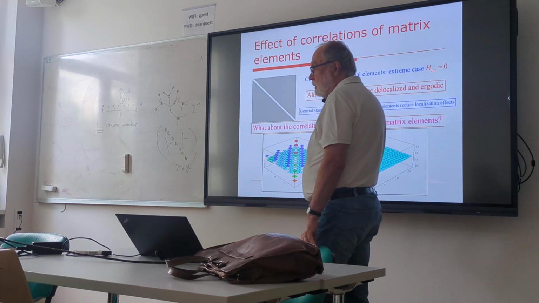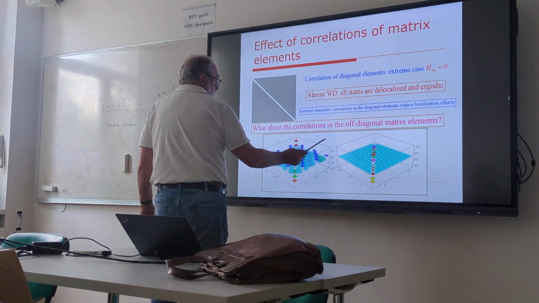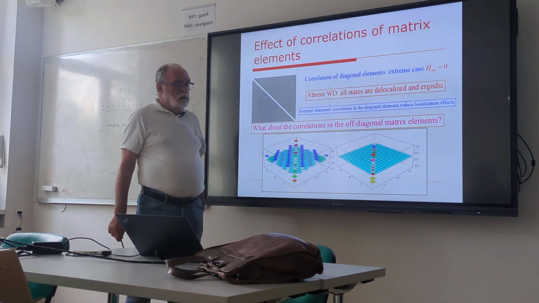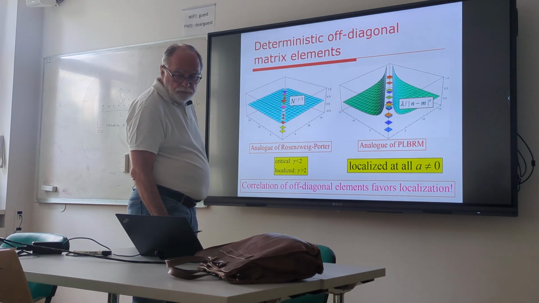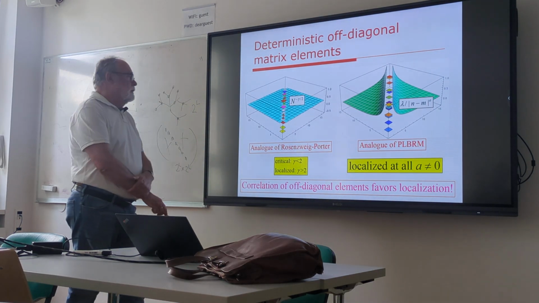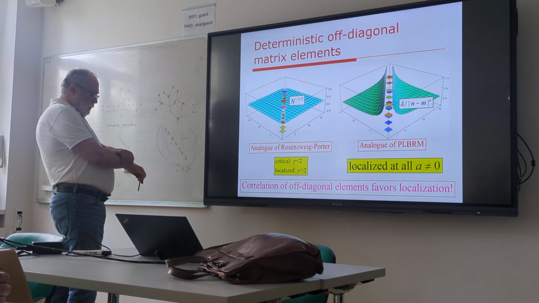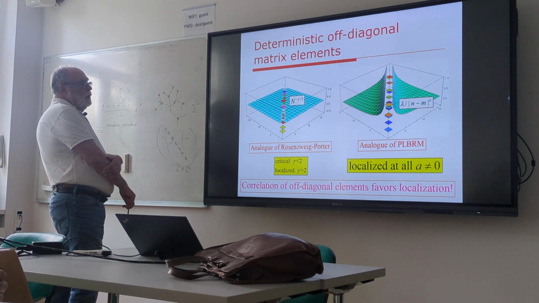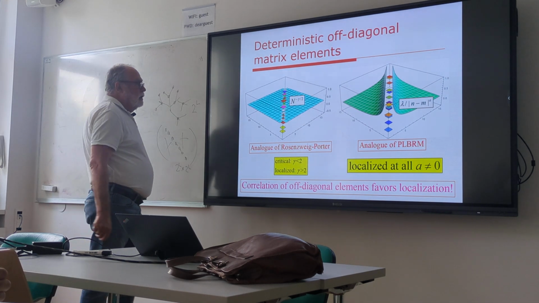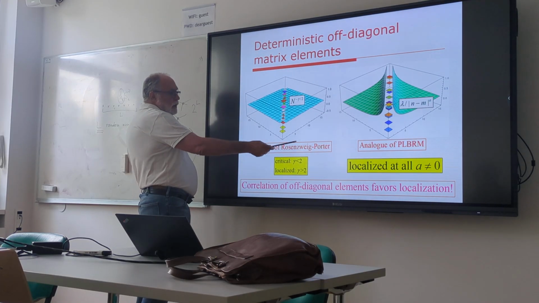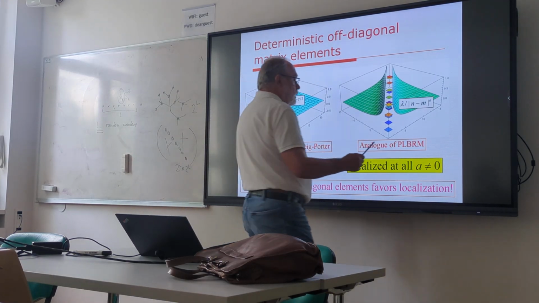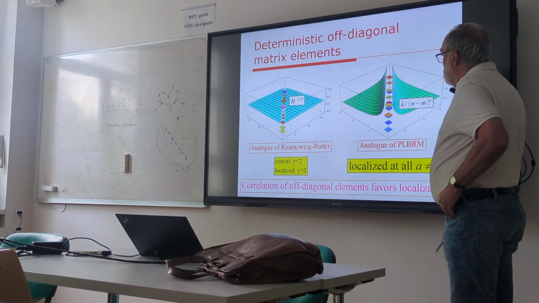So the thing is that this thing changed the behavior, and that's what I want to discuss. So first of all, let's consider the correlated analogs of Rosenzweig-Porter and power law matrices.